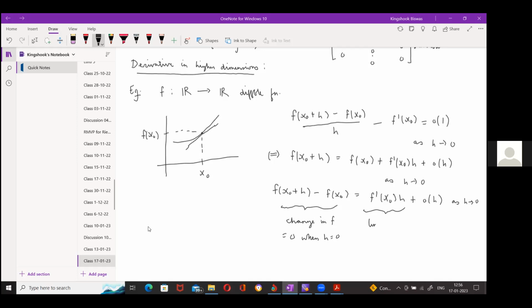This is a linear function of h, right? And this order of h term, this error term here, is small compared to h. Right?